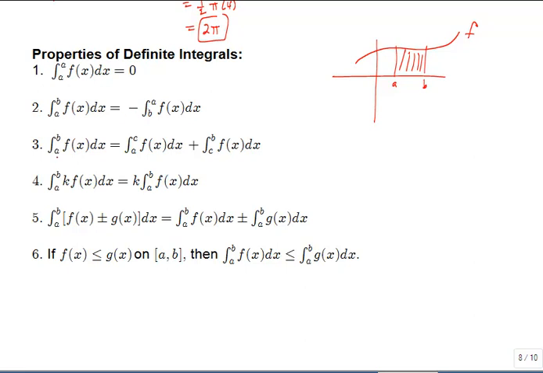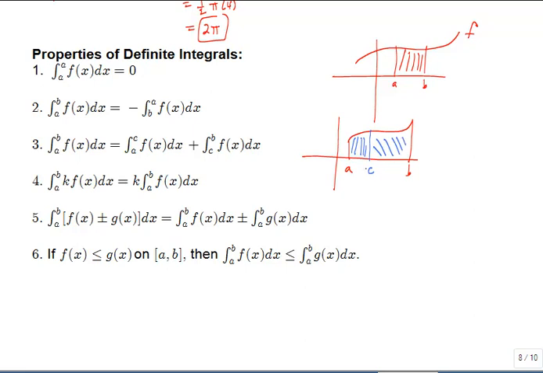Okay? The next example here says the integral from a to b is the same as the integral from a to c plus the integral from c to b. So this one, again, is very geometric. It's saying that the area from a to b, that whole integral, that whole area, can be thought of as the area from a to c plus the area from c to b.